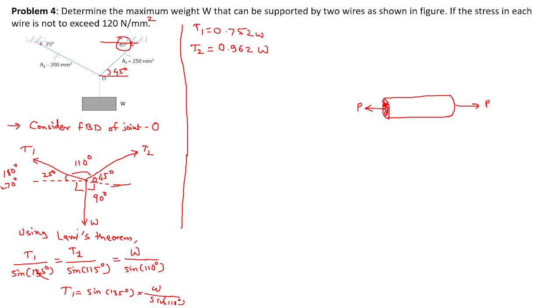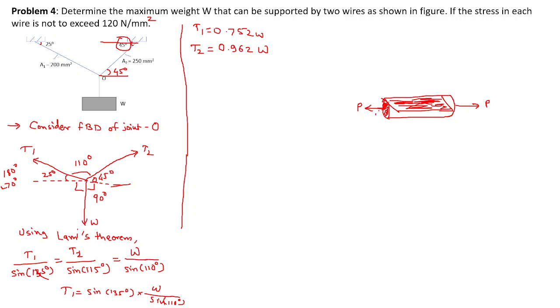Why do we take this cross section and not any other cut?